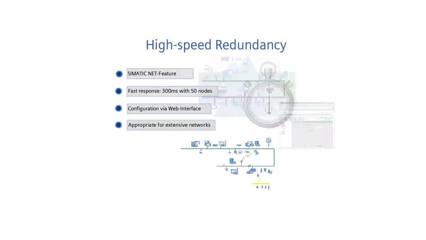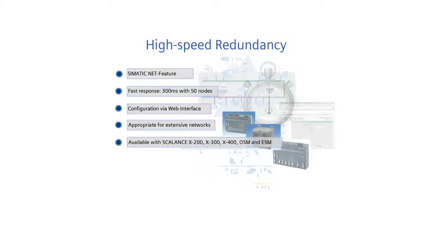The network nodes may, amongst others, include SCALANCE X200, X300, or X400, optical switch modules OSM, and electrical switch modules ESM. High-speed redundancy works with 10 megabit, 100 megabit, and even with gigabit Ethernet. High-speed redundancy provides a flexible, extensive, and powerful protection for Ethernet networks.